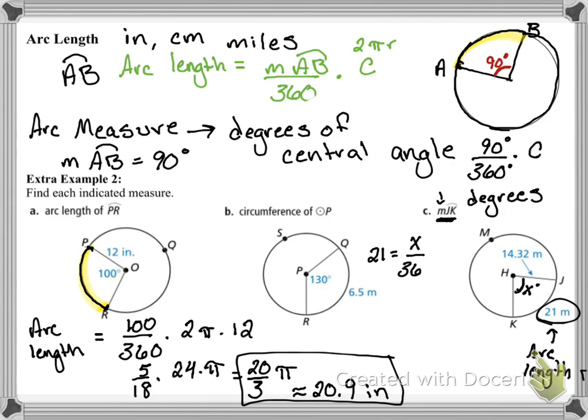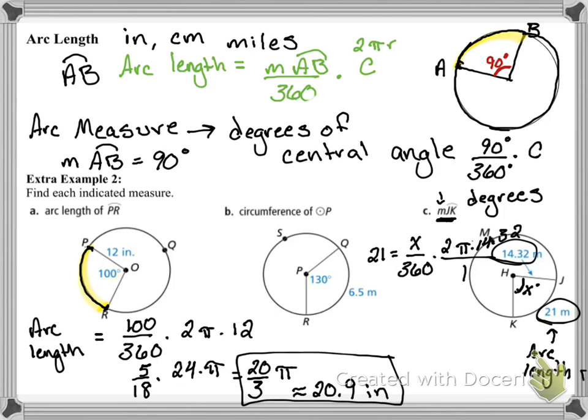Out of 360 times the circumference, which is 2 times pi times my radius, which is 14.32. Okay, so let's see, I'm going to multiply this 2 times the 14.32, which gives me 28.64.